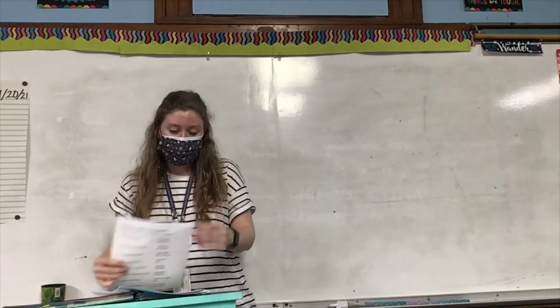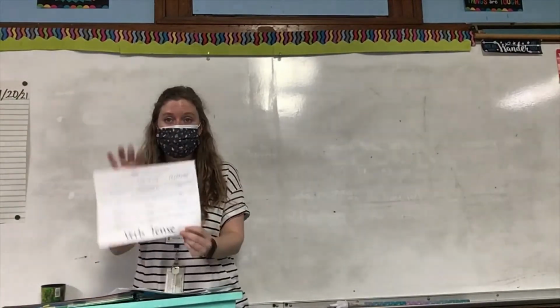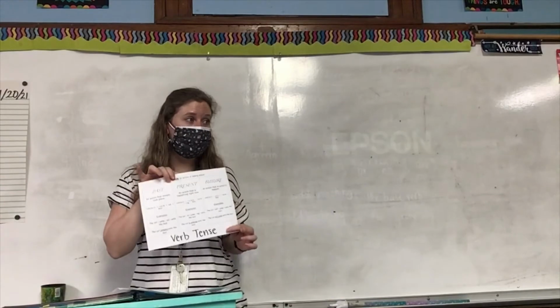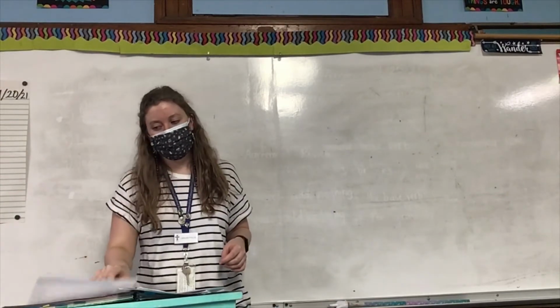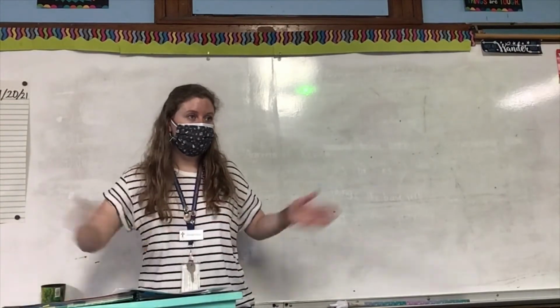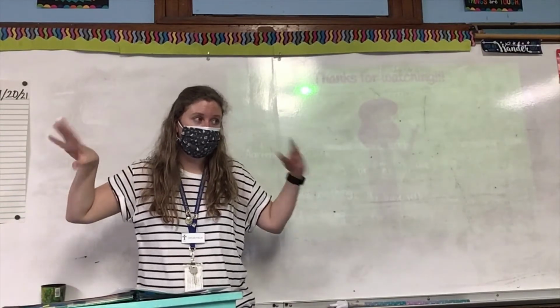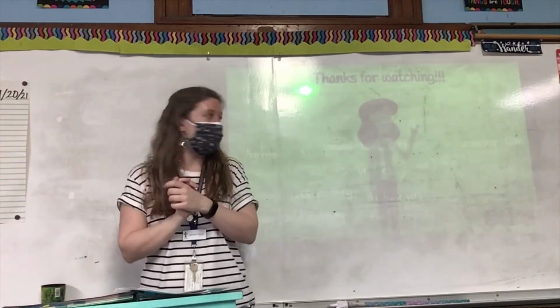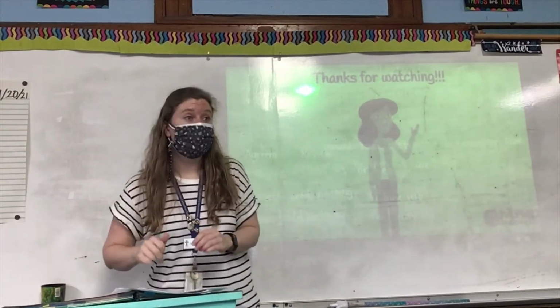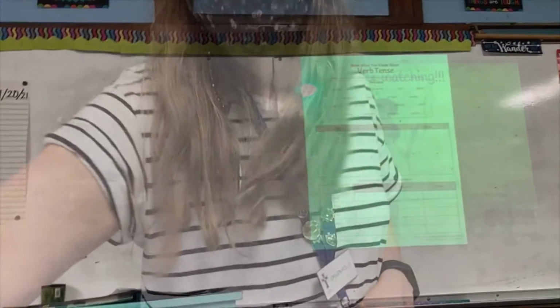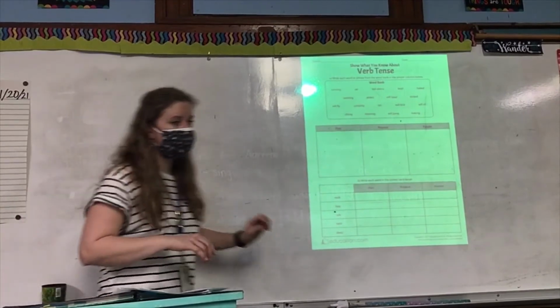So for your guided practice, you'll use the anchor chart. For your independent practice, which will probably become homework or extra work during the day tomorrow, like morning work, you'll use your notes. So everybody should be looking at this side of the guided practice.